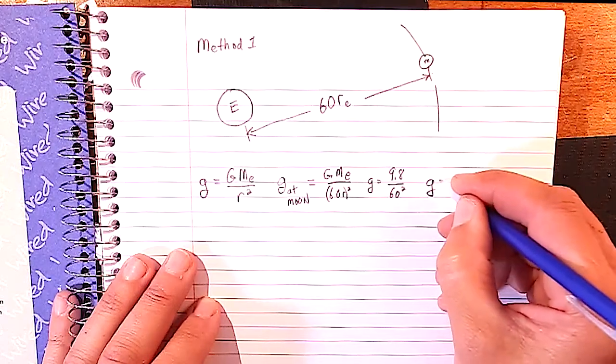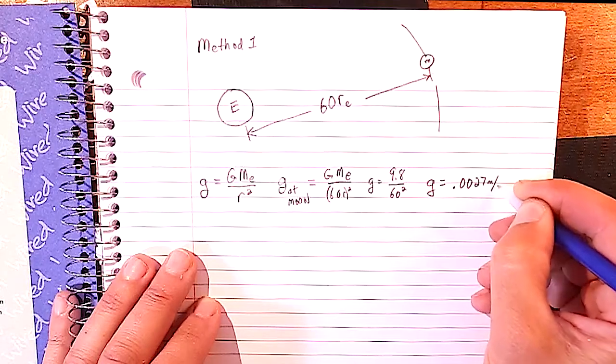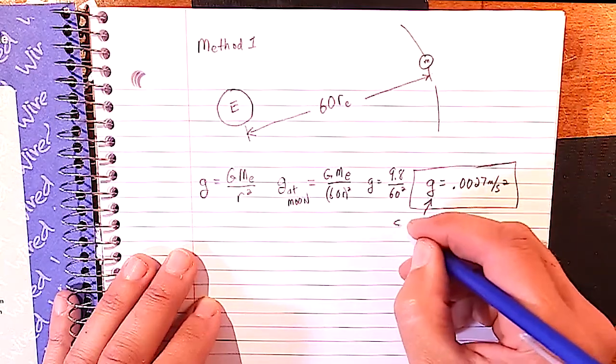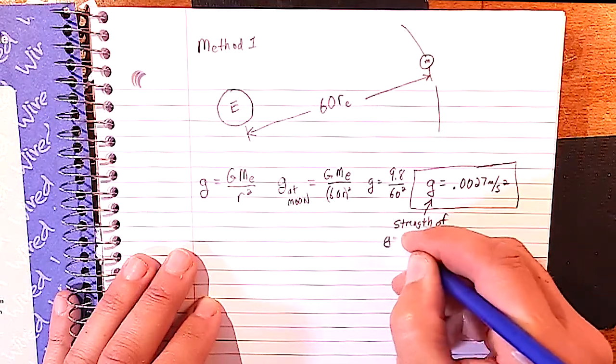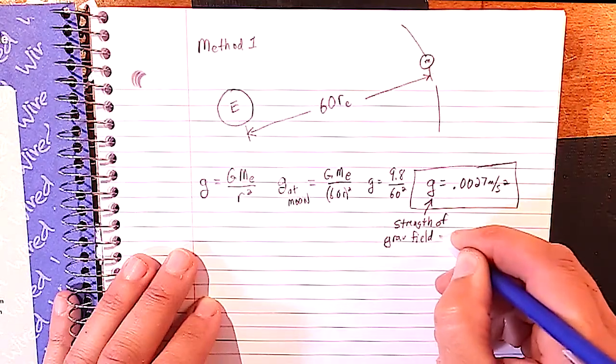And if you do that, you get g is equal to 0.0027 meters per second squared. Now, what is that? That is the strength of the gravitational field where? At the Moon.